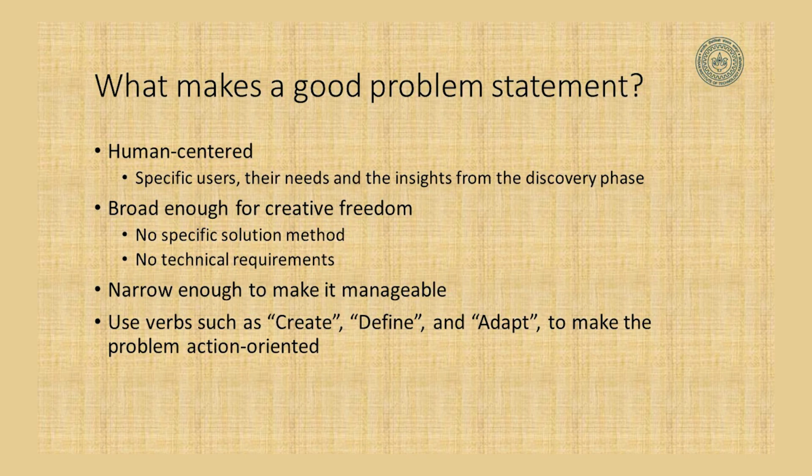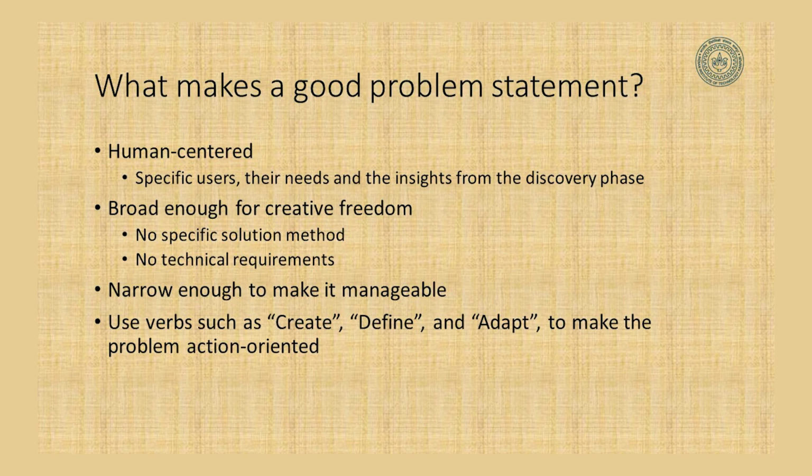Okay. So, you must think about the different types of users that might need that product you are wanting to create at the end of your double diamond design process. So, who are the specific users? What are their needs? And what are the insights they are getting from the discovery phase?